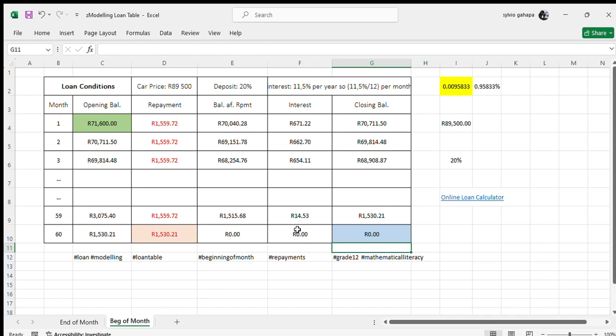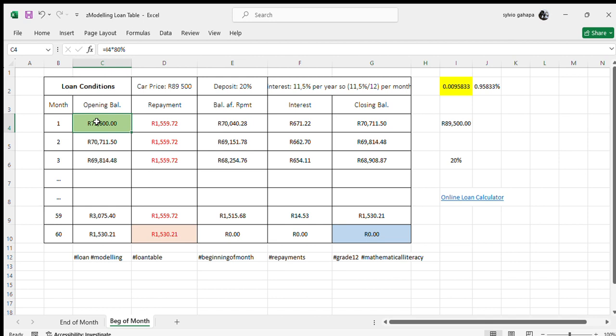And as I showed you, you can work out the opening balance by taking, in this case, 80% of the car price, or simply by taking the car price minus the deposit. And to work out a deposit, it's simply the car price multiplied by the deposit percentage. In this case, I went for 20%. In some cases it's going to be 10% or 5%, I'm not really sure.